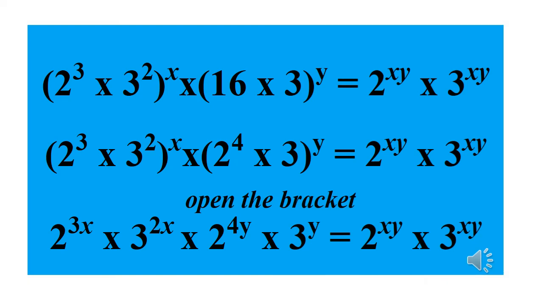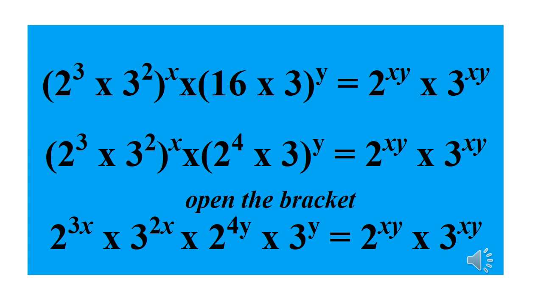Now the first thing we are going to do here is to simplify the 72 to 8 times 9, then 48 to 16 times 3, and the 6 to 2 times 3.